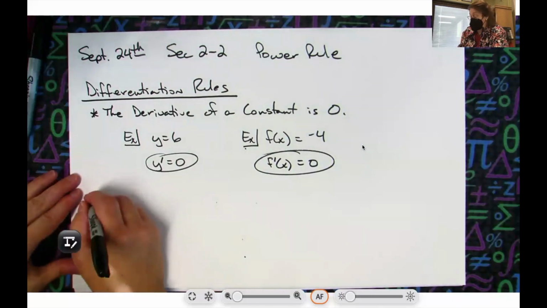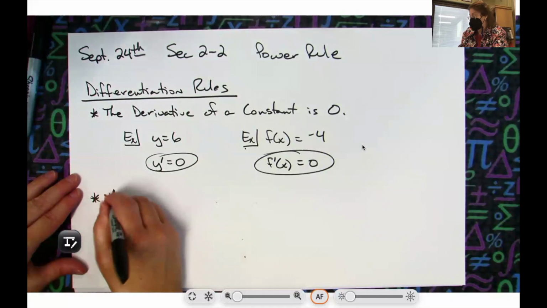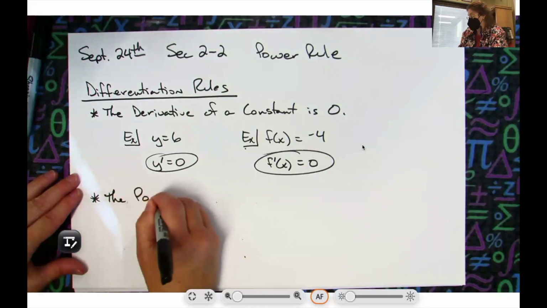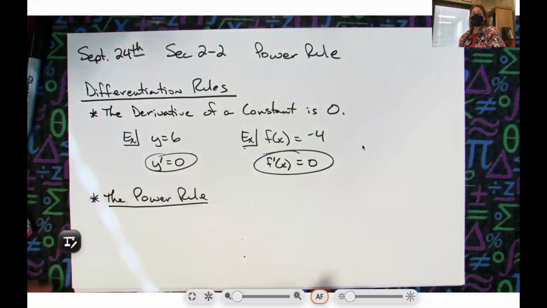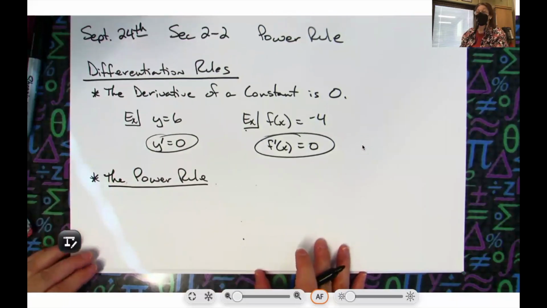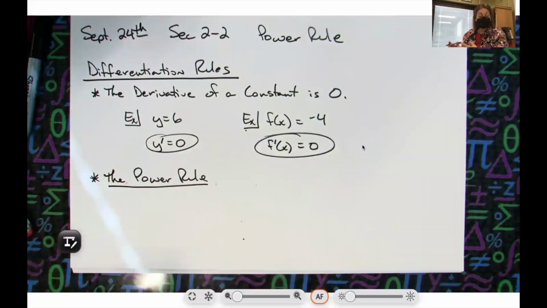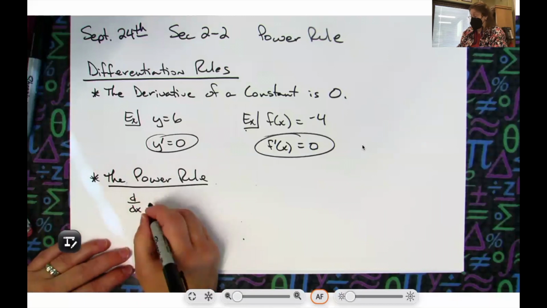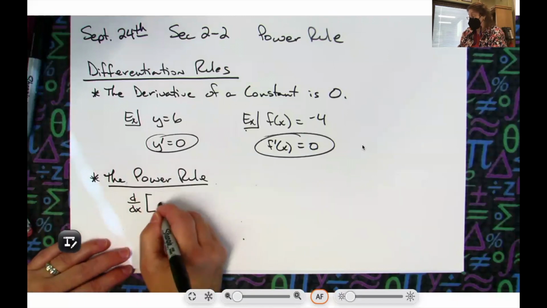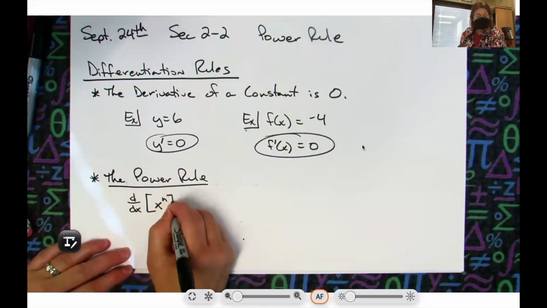Now, the power rule. I'm going to write the official formula that you see in your textbook, because I want you to get used to what that notation looks like. You will see the formula in your book as d dx of, say, x raised to the n power.